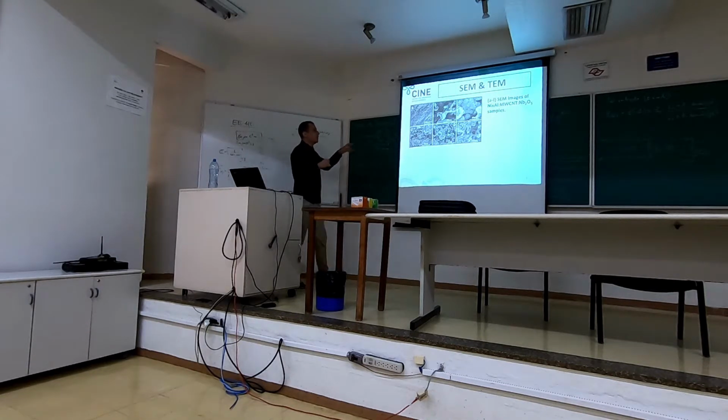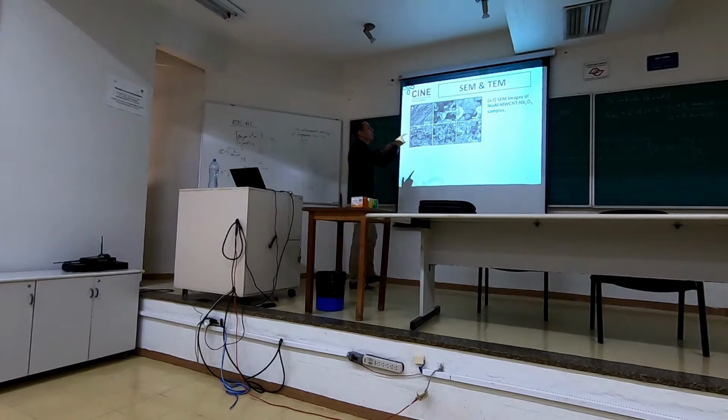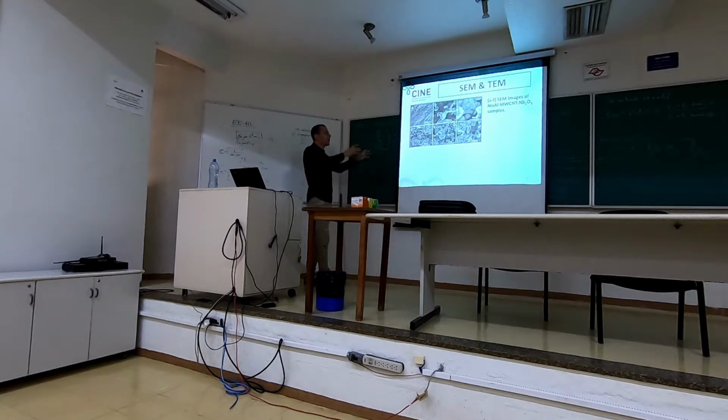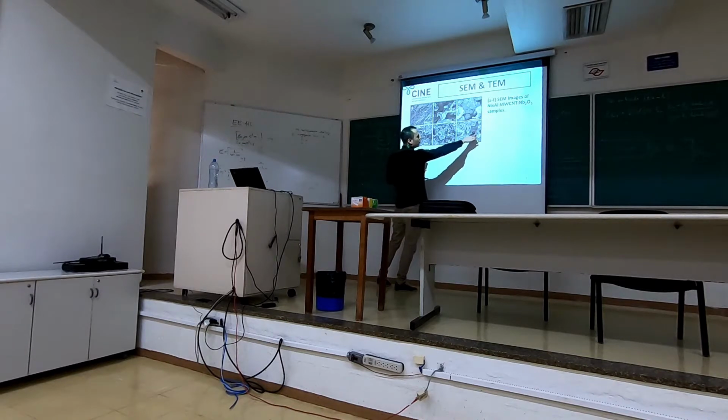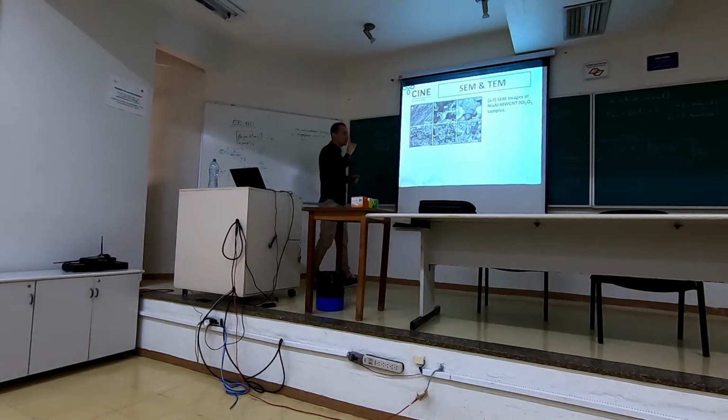As you can see in figures A to F, we have the scanning electron microscope images. Here we can see the structure of carbon nanotubes decorated with niobium pentoxide nanoparticles.